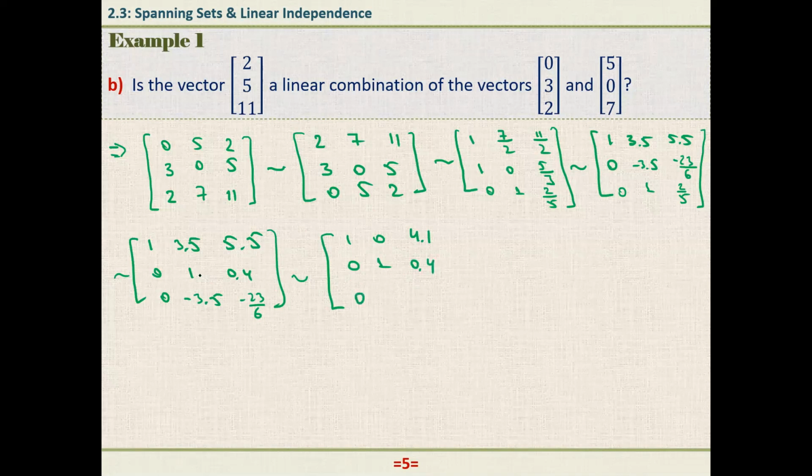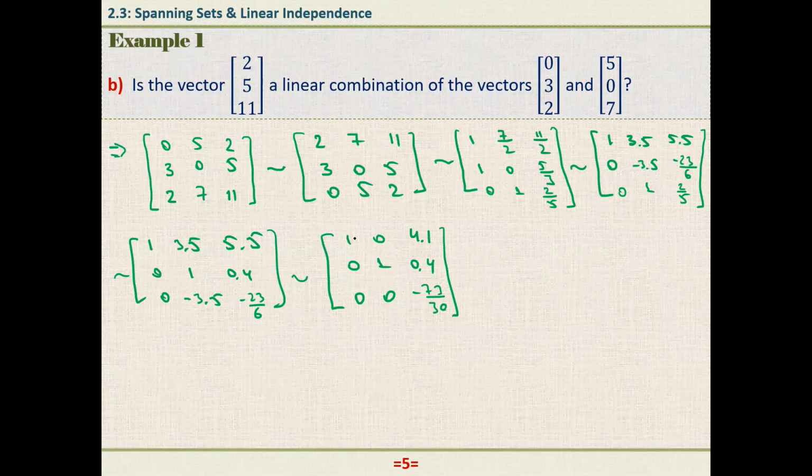And 0 multiplied by 3.5 and added to the third row is equal to 0. And 3.5 times 0.4, and the minus 23 divided by 6. That's equal to minus 73 over 30.